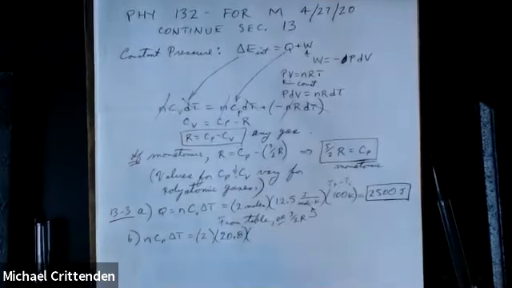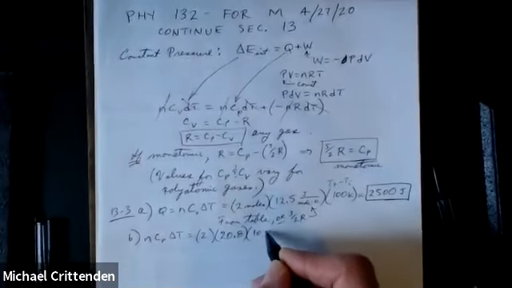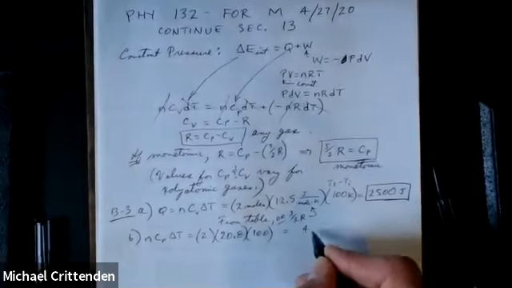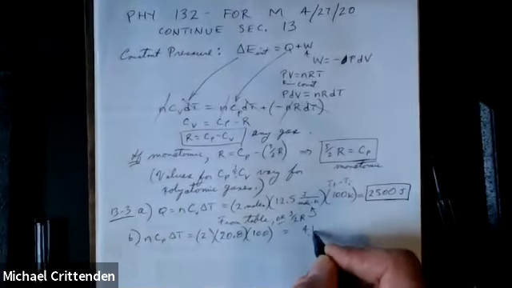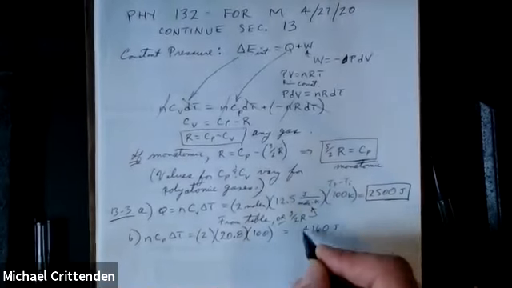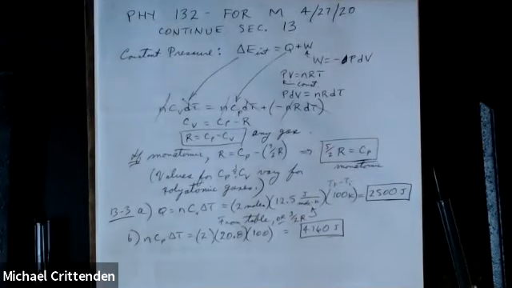It's got a column for CP and it's got a column for CV. Temperature change is 100 degrees, and that's going to be 4,160 joules to cause the same temperature change for the same amount of gas.